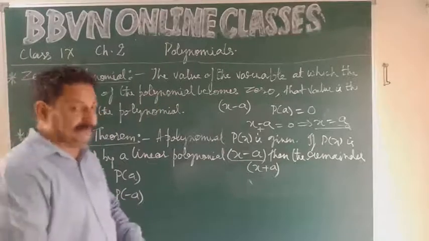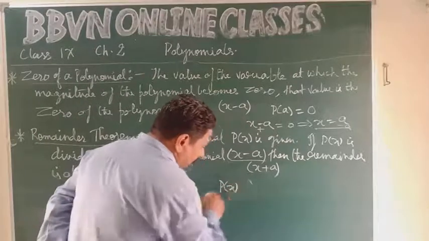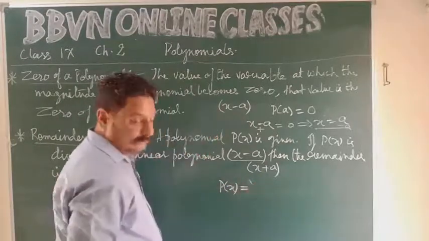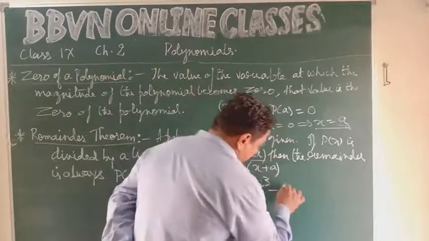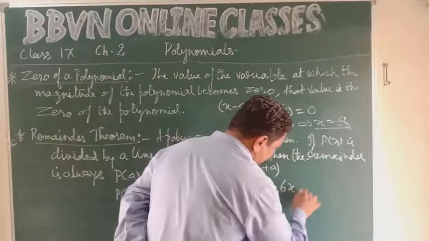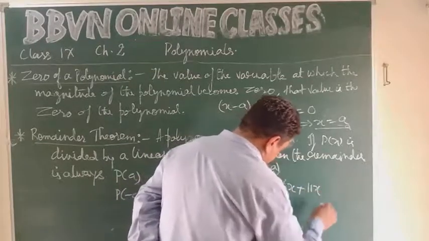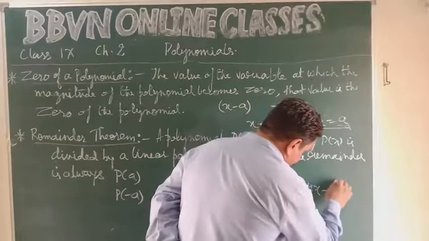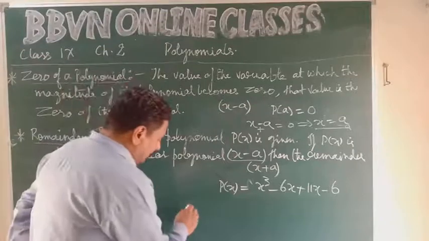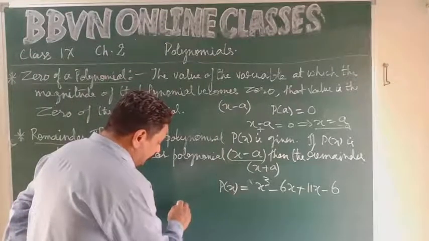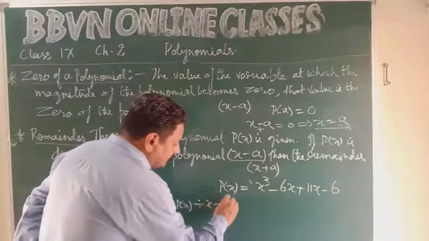Let us understand it with the help of an example. This is a polynomial p of x, and I will say p of x is divided by x minus 4.